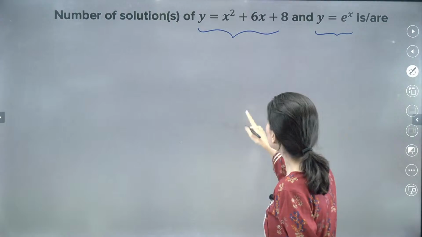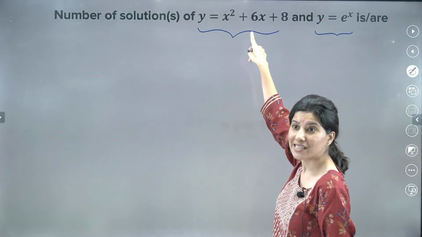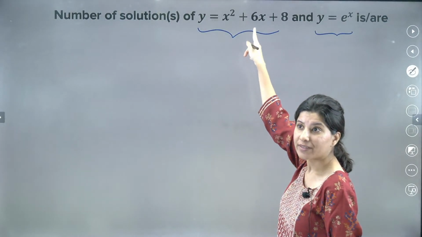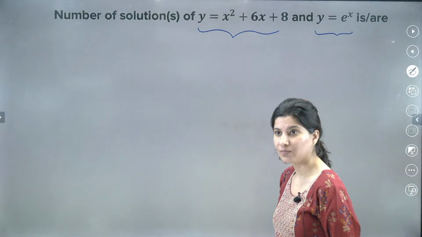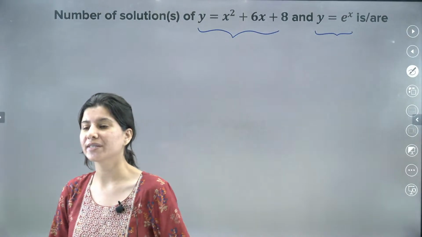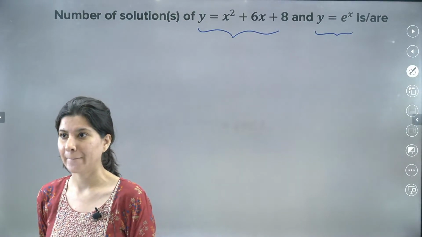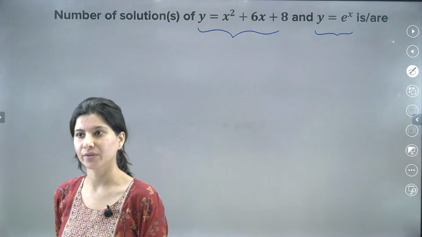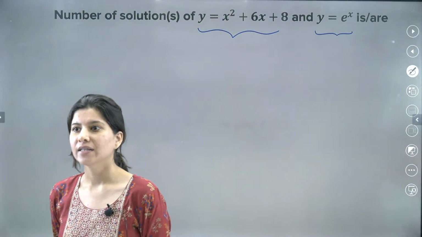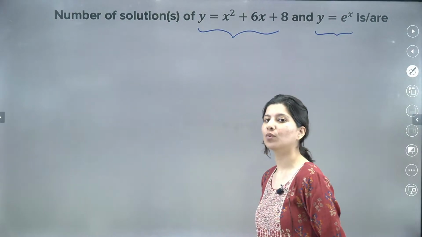So first of all, what you will do is try to plot this: x square plus 6x plus 8. Who will be able to plot this curve? Class 11th and 12th both. This is for class 11th and 12th both.